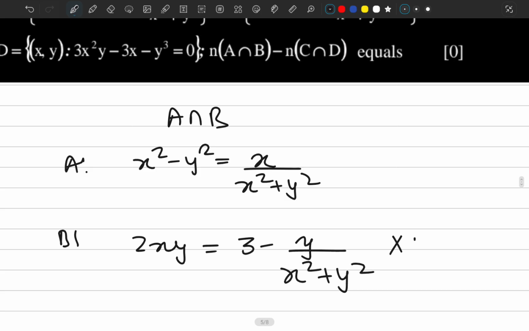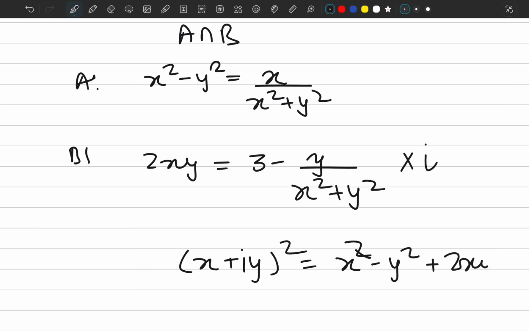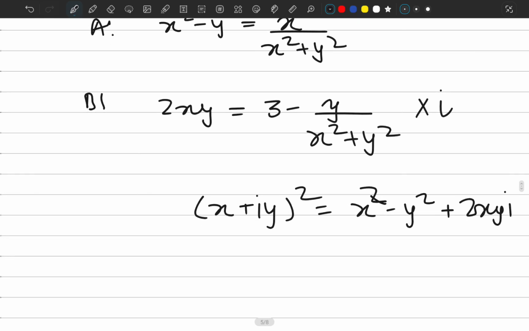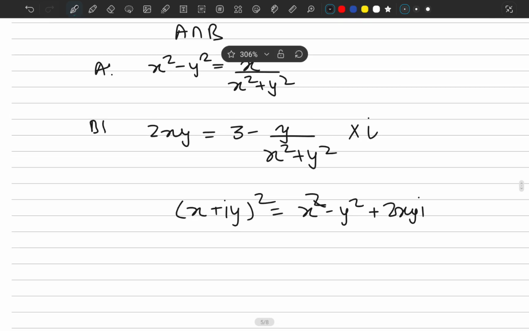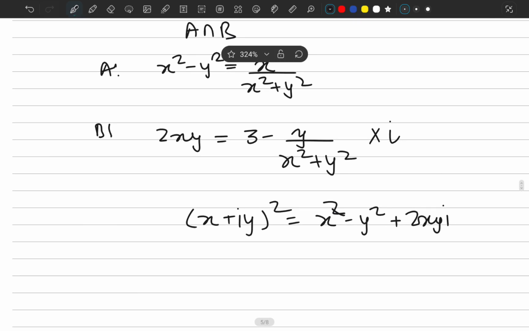If we multiply this equation by iota, right? Why are we doing this? Because we know this format can be found like this, right? So let us see here. Okay, so let us multiply it by iota.